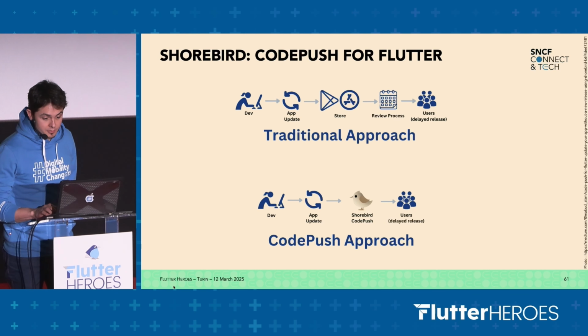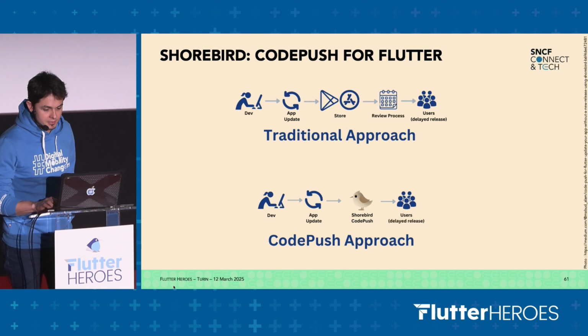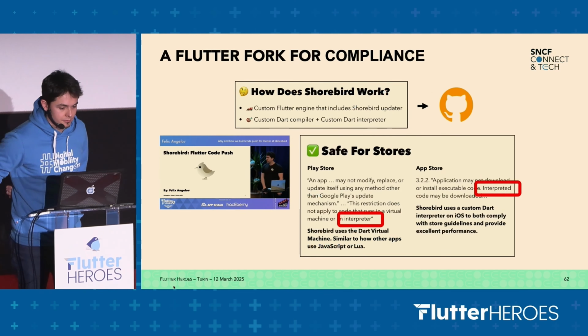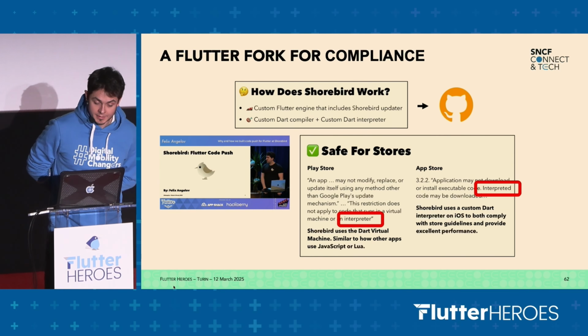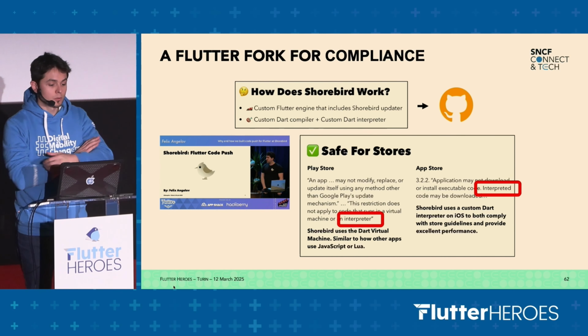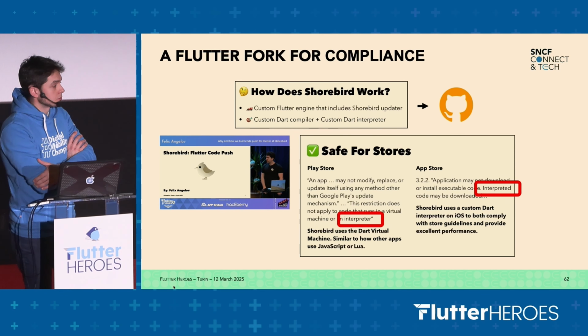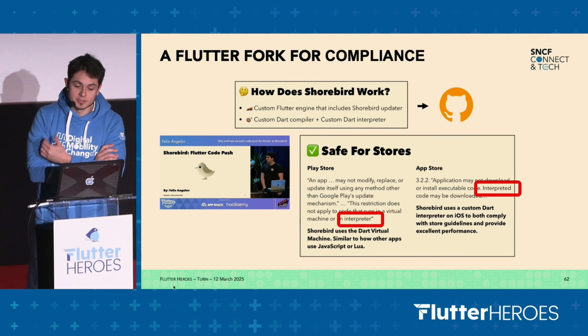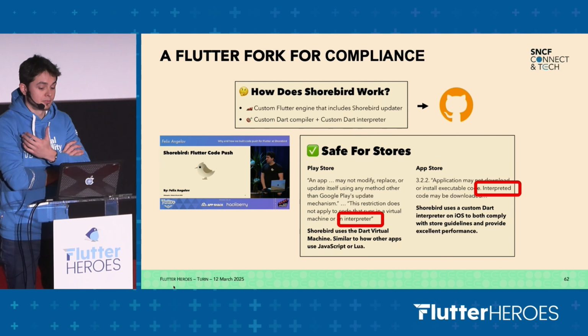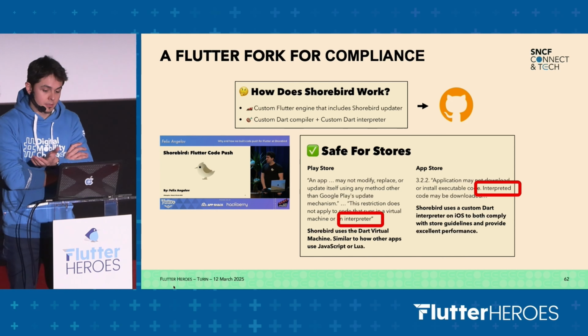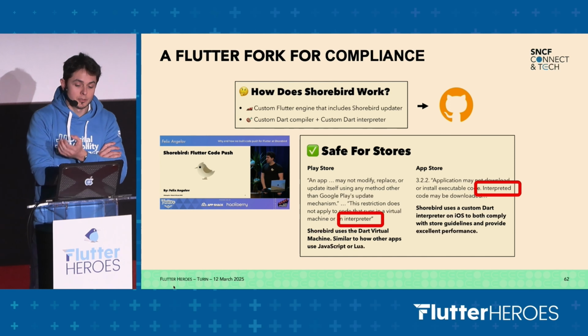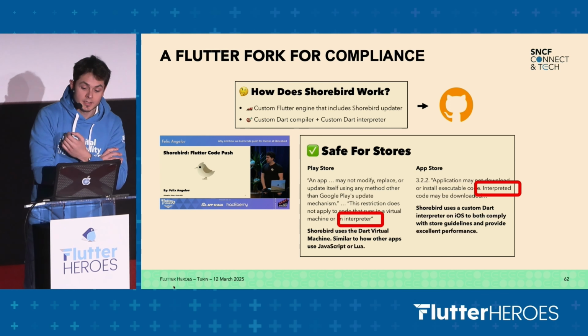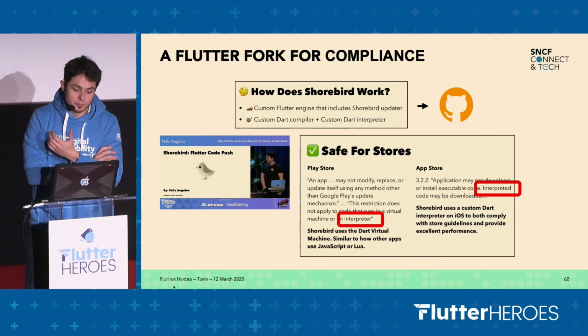It was developed a lot by Microsoft with React Native, and now we have it with Shorebird for Flutter. To be compliant with the stores about permission to change interpreted code in production, Flutter needed to be forked, giving Shorebird an additional Dart compiler, an additional interpreter, and a custom engine to load patches.